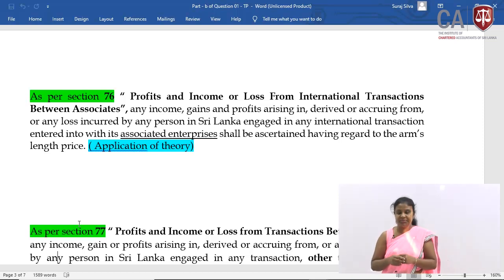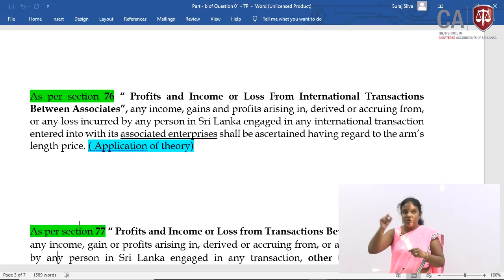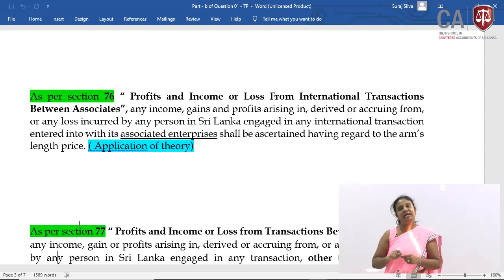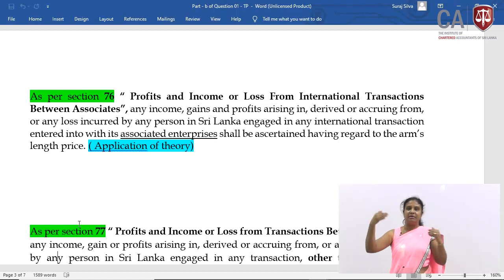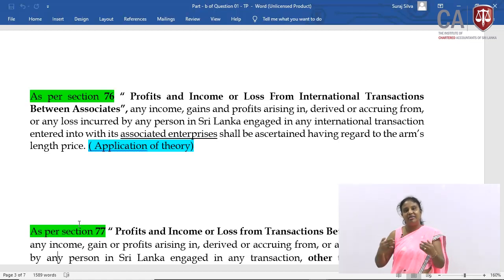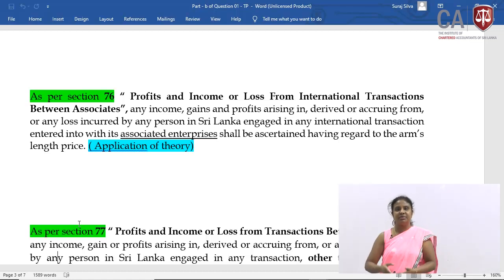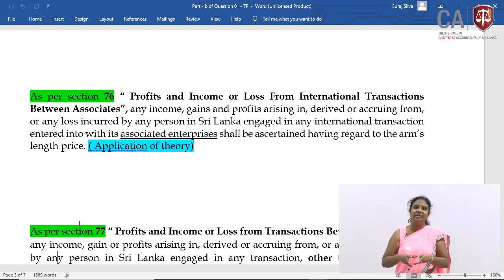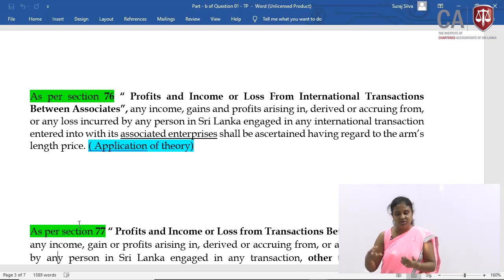International transaction entered with whom? Associated enterprises. Very important. If company A and company B are not associated undertakings, then there is no transfer pricing risk. First thing, you have to identify whether these are associated or not.